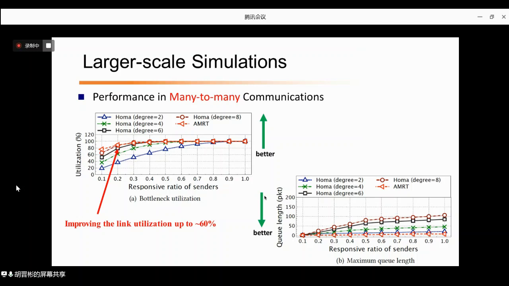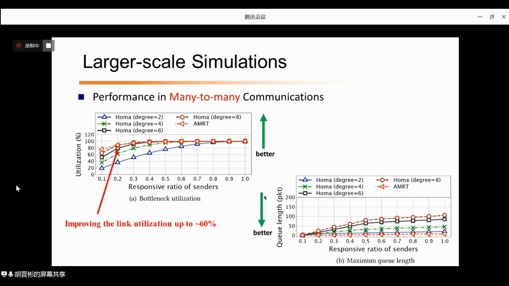Compared with Homa, AMRT provides high link utilization by reasonably adjusting the sending rate according to the anti-ECN marked packets and guarantees low latency with conservative receiver driving transmission.